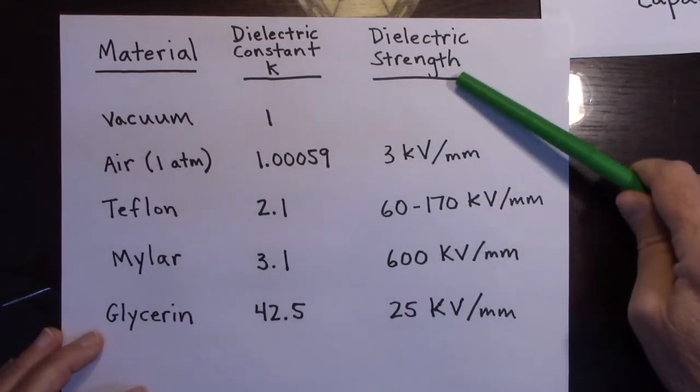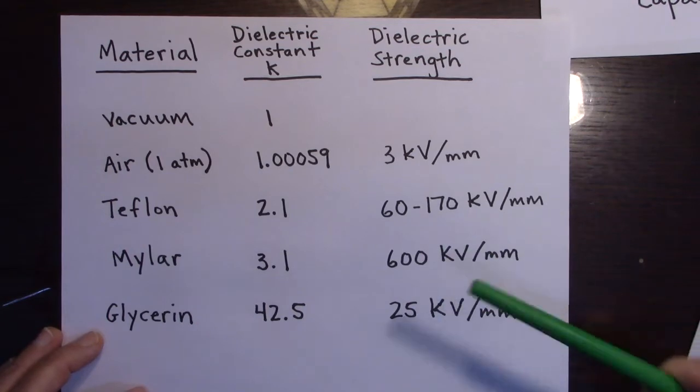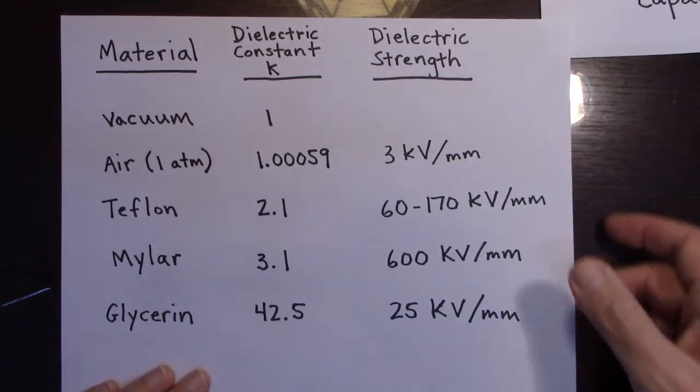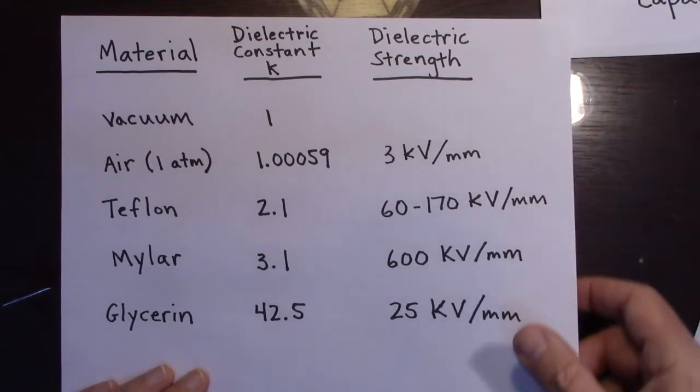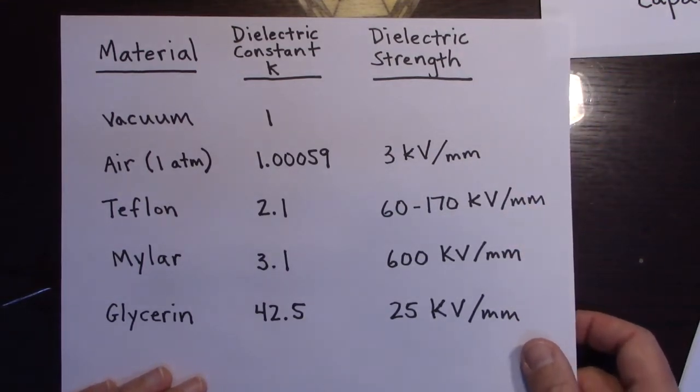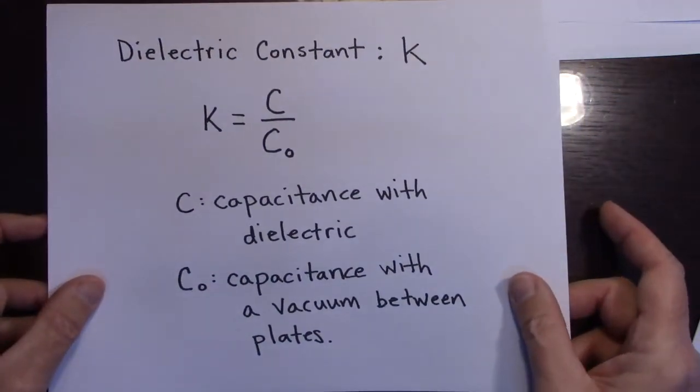Again, we'll talk about dielectric strength in a little bit. The dielectric strength has to do with how much charge you can put on before the capacitor starts to short out.